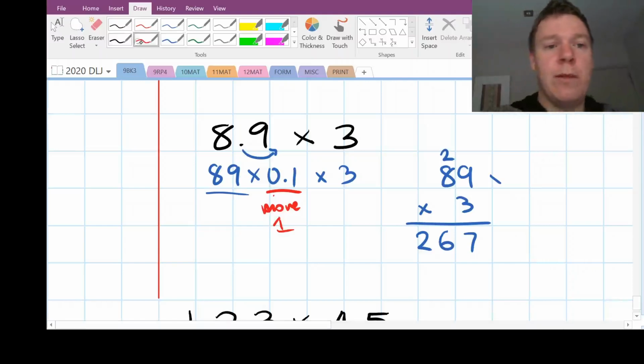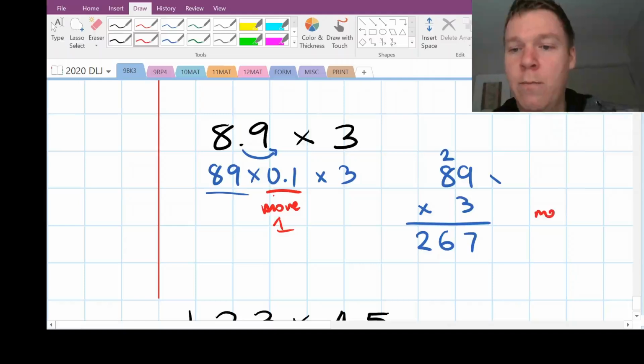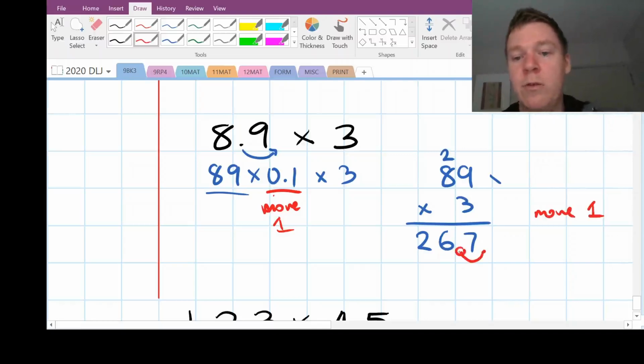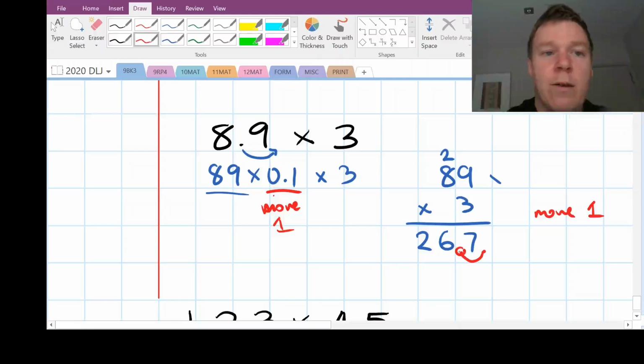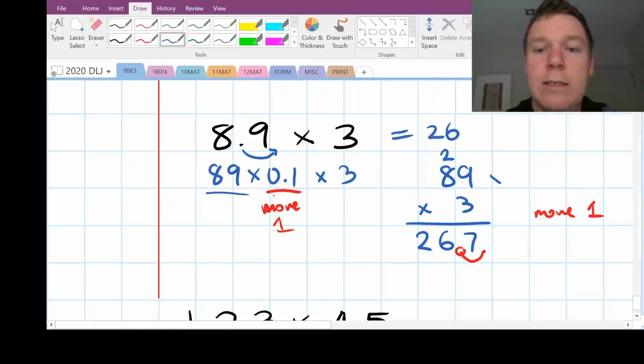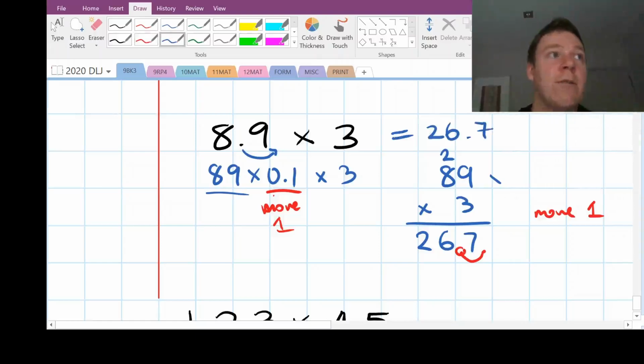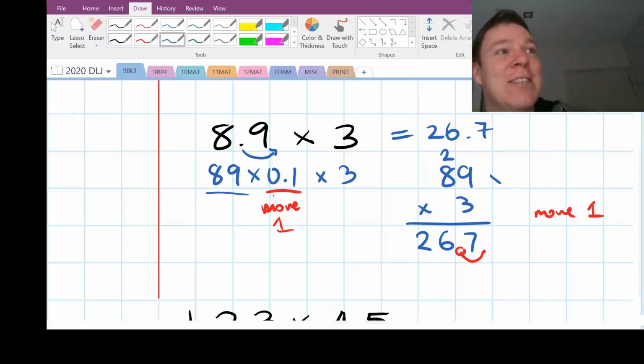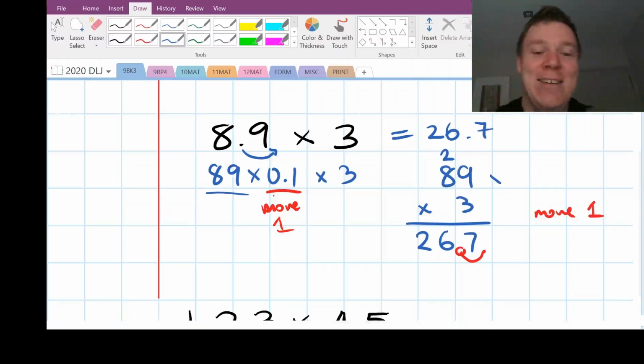But then remember that we've got to move 1. So the decimal point was here, and it gets dropped in there. So our final answer is 26.7. So well done, Josh, for just racing ahead and getting that one.